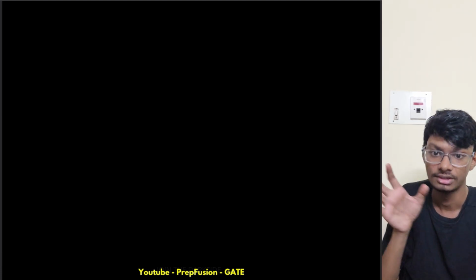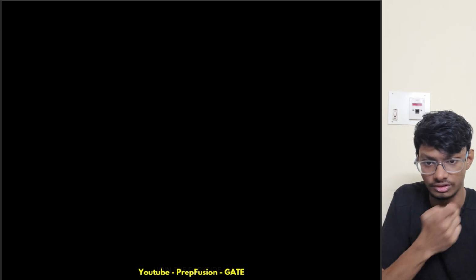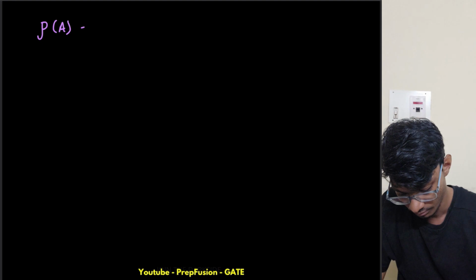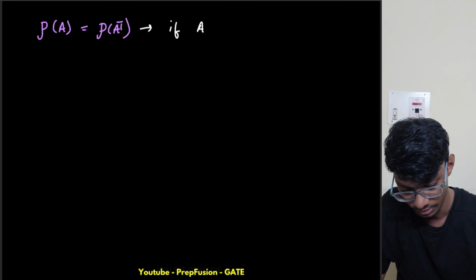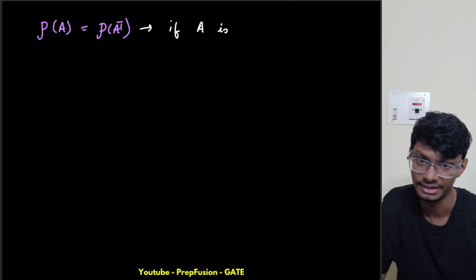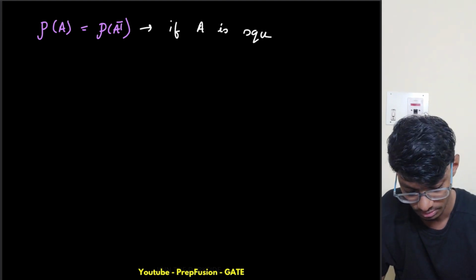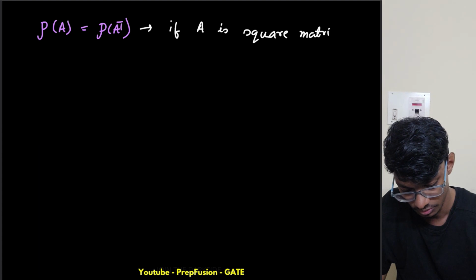So the proof: the rank of A will be equal to the rank of A transpose, if A is a square matrix. A square matrix means the number of rows and the number of columns are the same. So A is a square matrix.